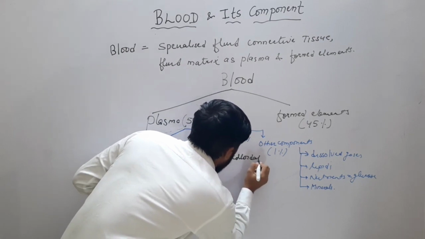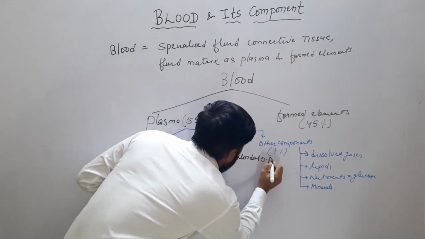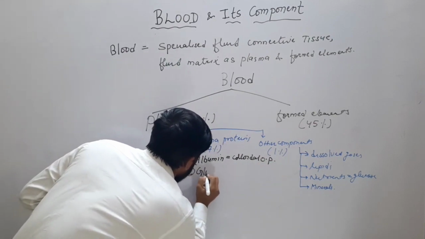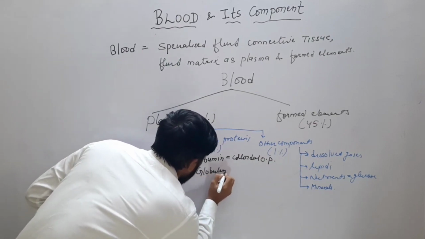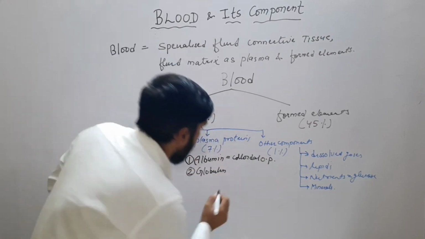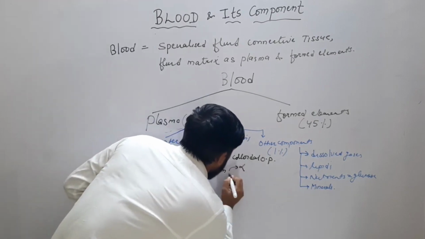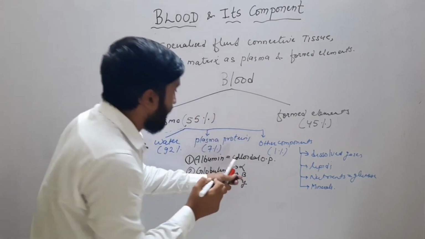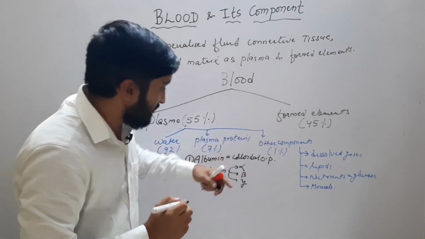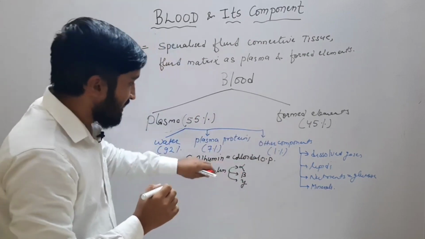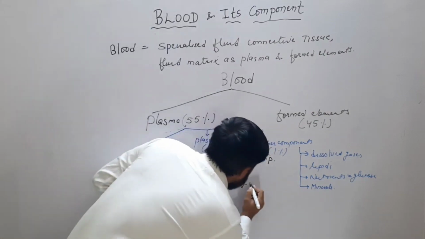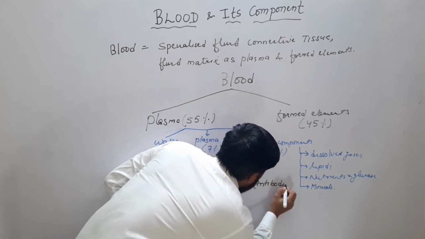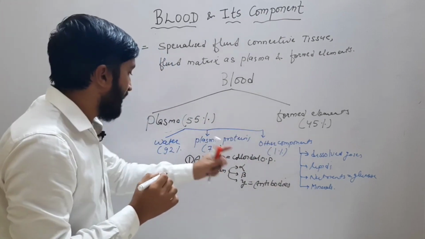Second is globulin. Three types of globulin are there: alpha, beta and gamma globulin. Alpha and beta are meant for transport, and gamma globulin is meant for antibodies.